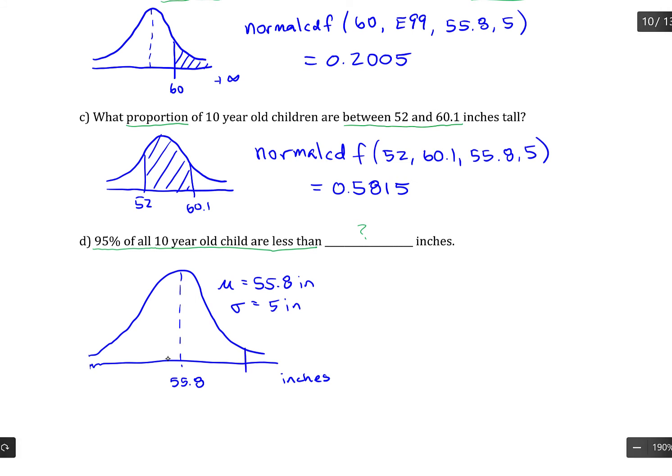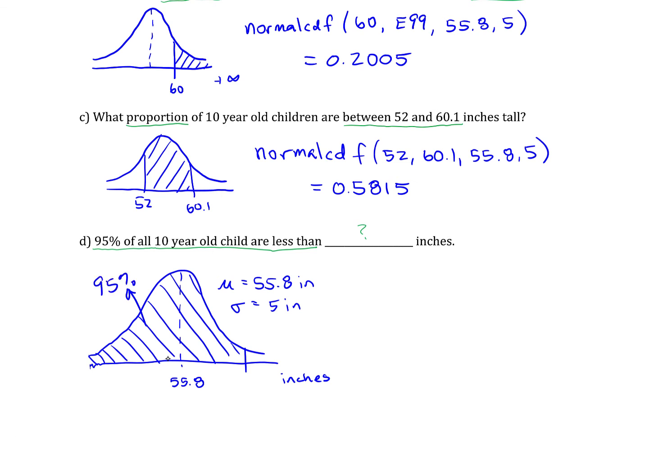So what I'm going to do is I'm going to put some value here and shade to the left of it in such a way that I think that this is approximately 95% of the distribution's area. Now, what I'm looking for is a value x, which is measured in inches.